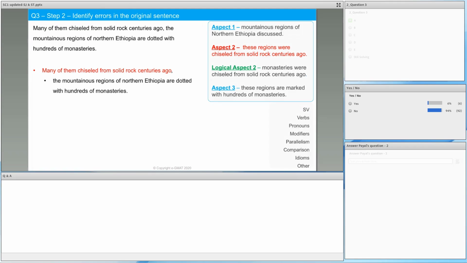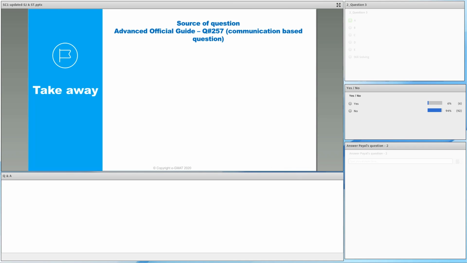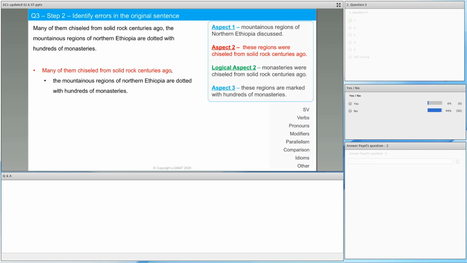So once again, just wanted to let you know, this is an advanced official question, totally communication based. So we are dealing with a difficult question here, 700 level. Okay. So now that we understand the meaning of the sentence, we definitely know that this part is totally wrong because it's not presenting the logical meaning.